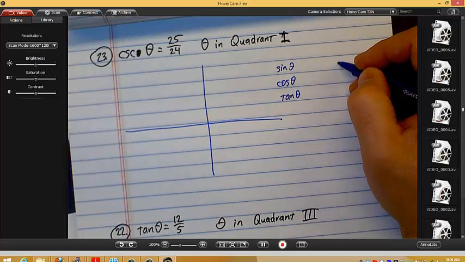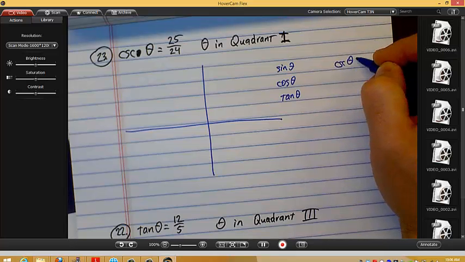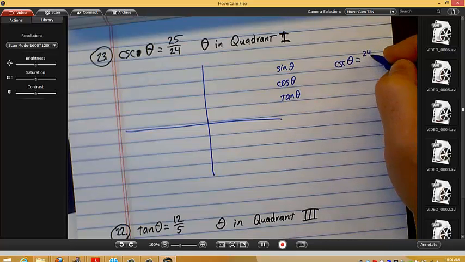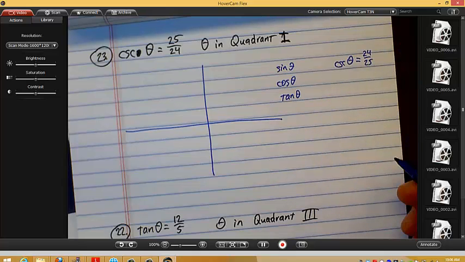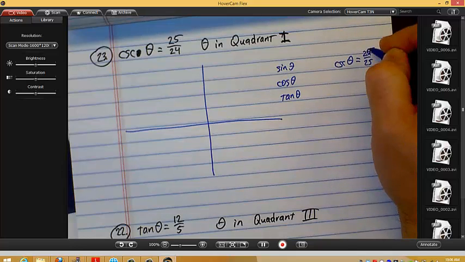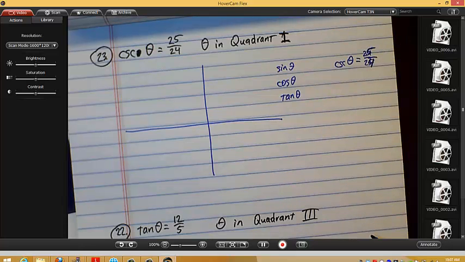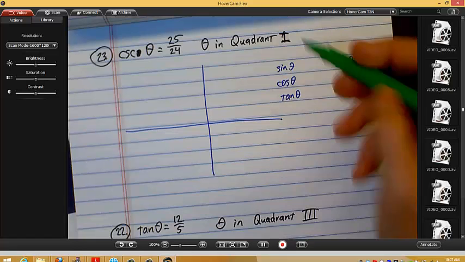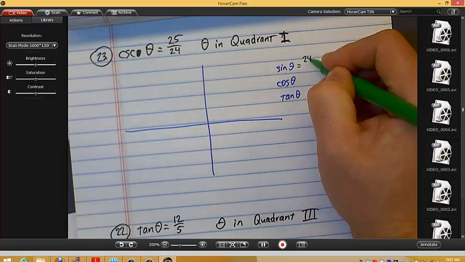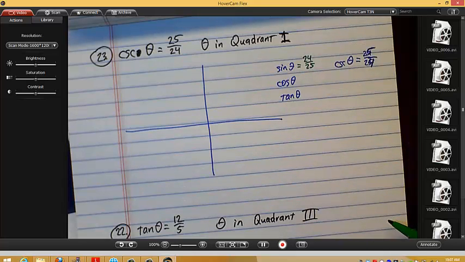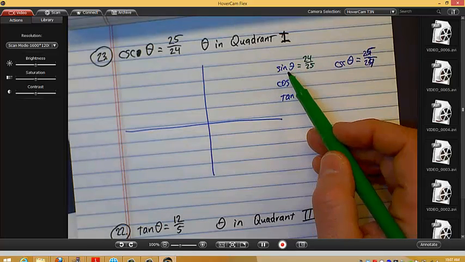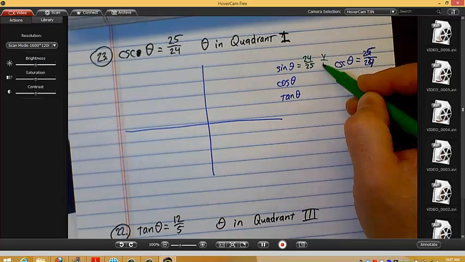So if I know that the cosecant is 25 over 24, I just did the work in my head without realizing what I'm doing. If that's 25 over 24, what do you get for free? Sine of theta is 24 over 25, right? That's the sine. And remember that sine is also y over r, right?